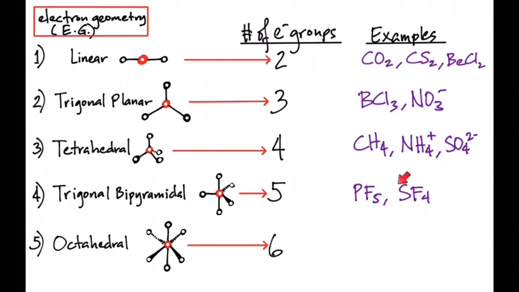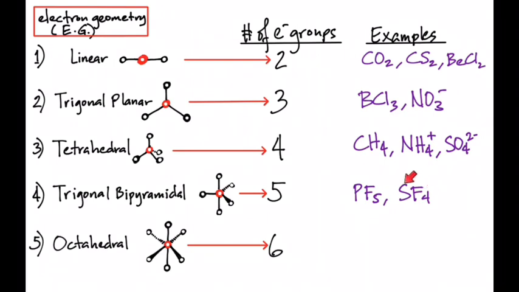Both PF5 and sulfur tetrafluoride will have 5 electron groups total, which means that they both have a trigonal bipyramidal electron geometry. So how can SF4 have a trigonal bipyramidal electron geometry when it only has 4 atoms bonded to it?